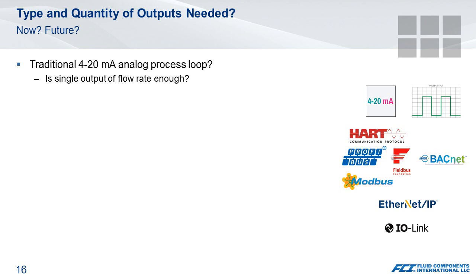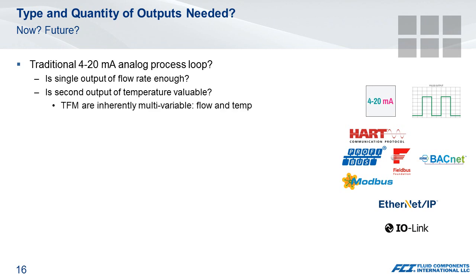Is a pulse output or frequency output required to run to an external totalizer or totalizer function in your PLC? Digital communications, if you're going to do digital communications now or in the future, is that output I/O required in the device? And is it strictly an output that's required, or do you want true I/O where you can do configurations and diagnostics and interrogate the device over the bus?